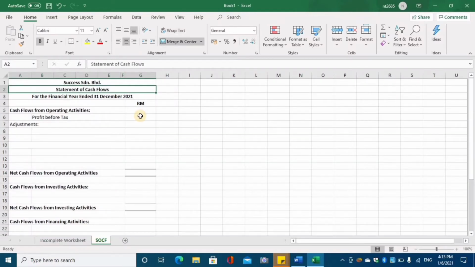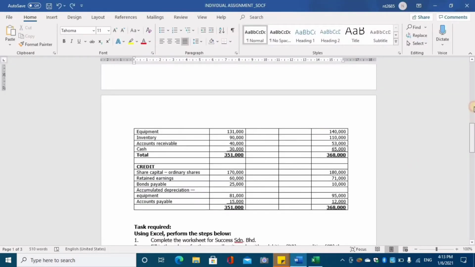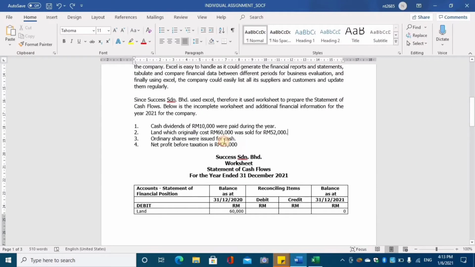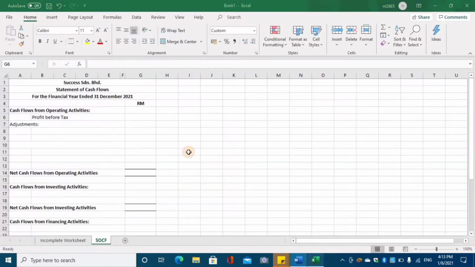I already did the template. And first, cash flows from operating activities, profit before tax. Profit before tax, you get from the question. Net profit before taxation is 21,000. So I will write here 21,000. We have adjustment.